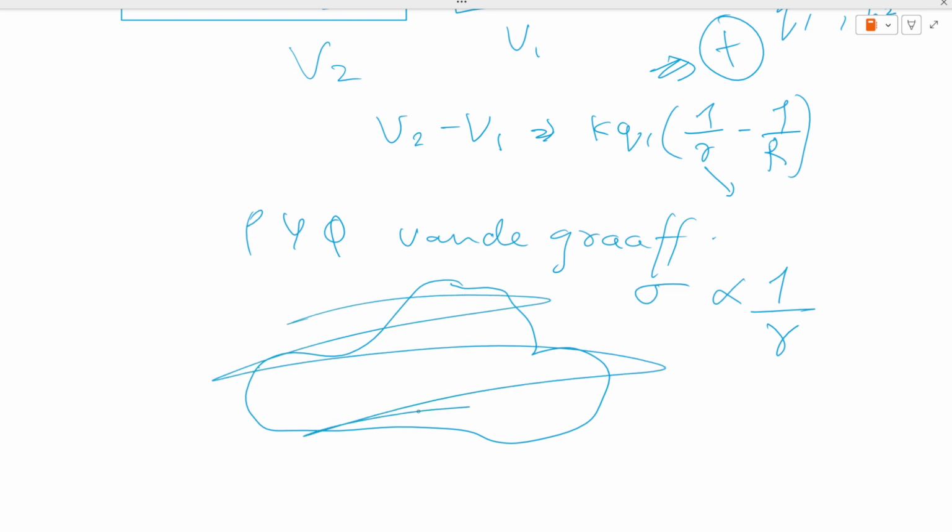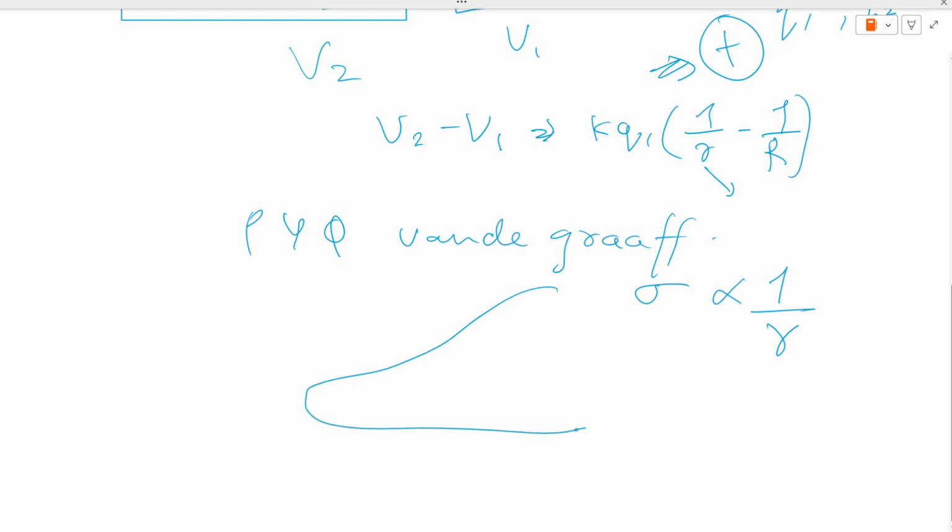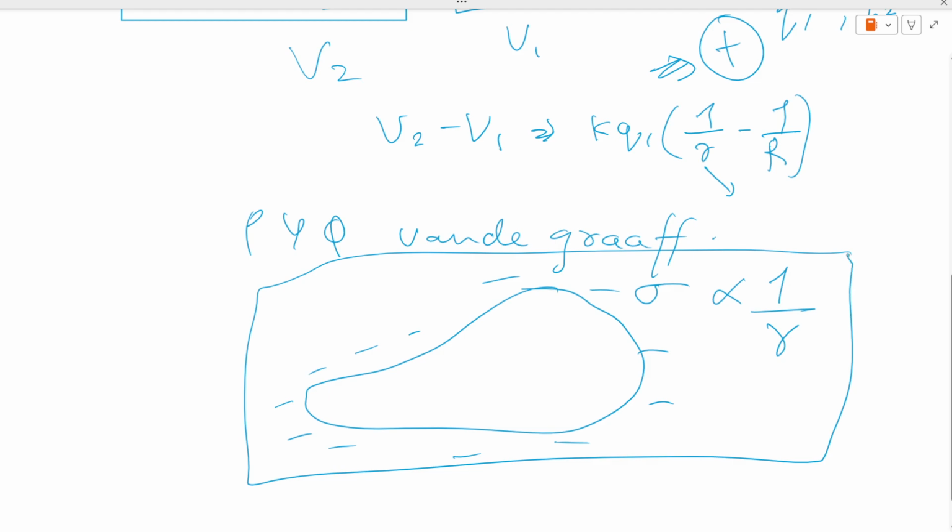So what happens is, if we have a body that looks like this, the charges are more likely to be present here than here. We'll study why that happens in the next video. It is related to this, so I would suggest that you watch this first.